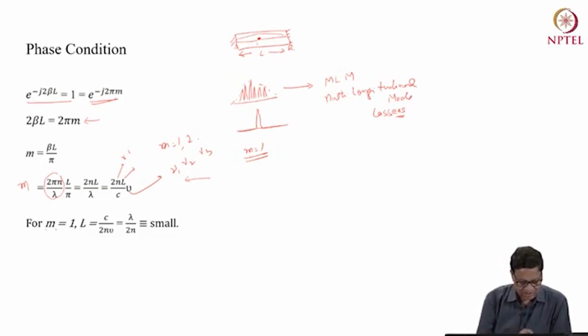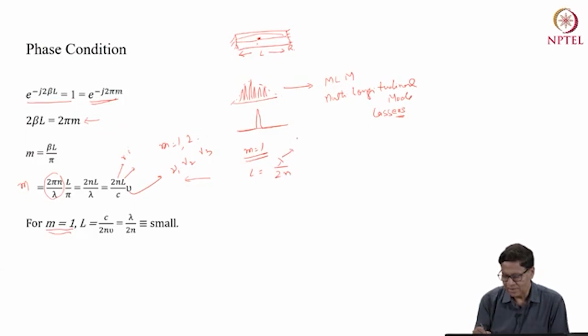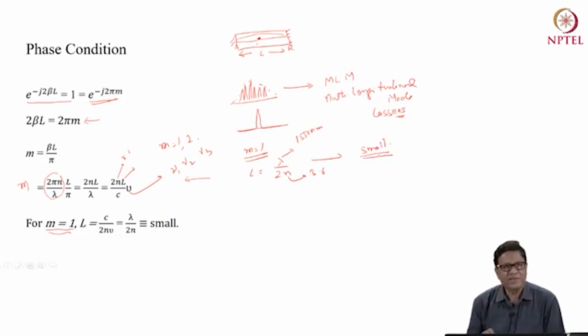If I take m is equal to 1 and put the value here, I get L as lambda by 2n. If you put lambda as 1550 nanometer and assume n to be 3.6, this L is very, very small. One can construct such a laser, but this L is going to be very small.